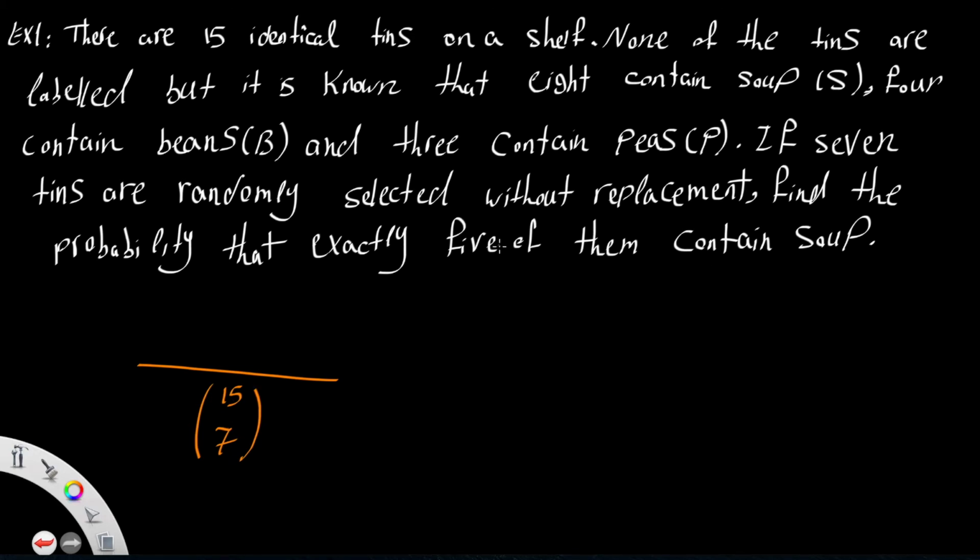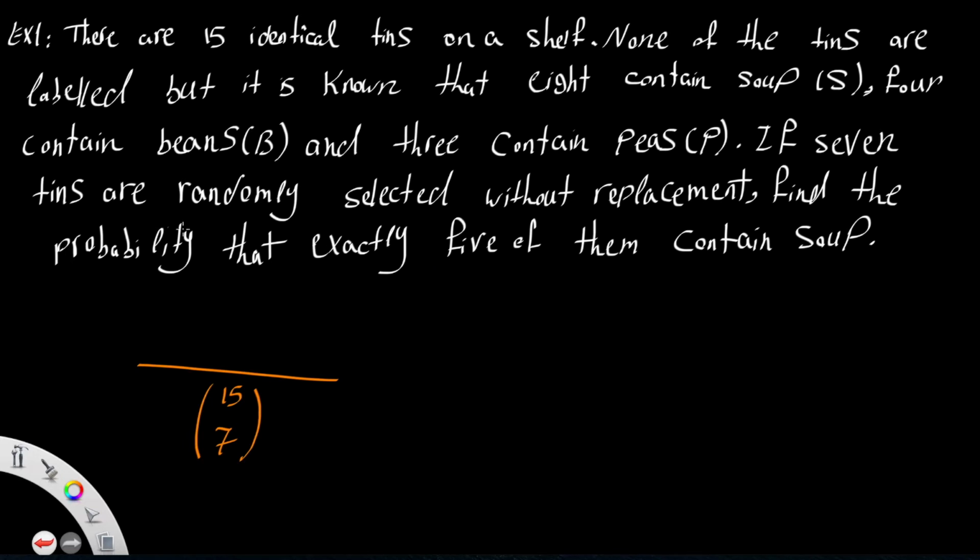In order to find probability of event A, it would be the number of favorable outcomes over the total number of elements of the sample space. So for the sample space, we will have a combination of 7 out of 15, because there are overall 15 things and 7 of them are going to be selected, so it is the possible number of ways of selecting.